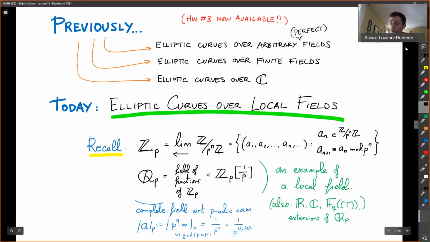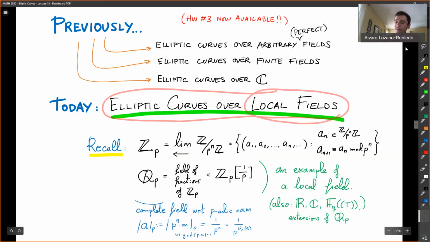Then we started talking about elliptic curves over finite fields. We discussed very little about elliptic curves over finite fields. We talked about the Hasse bound mostly. And then we talked about elliptic curves over the complex numbers. And then the next step is trying to understand elliptic curves over local fields.